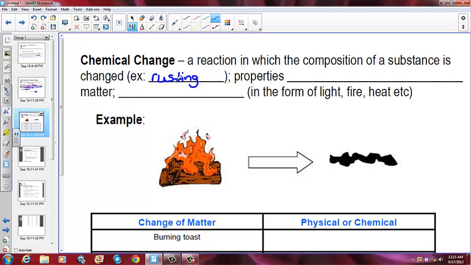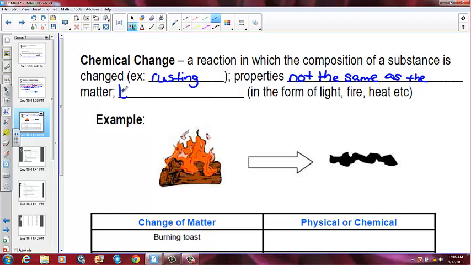Water will speed up this process, but it does not actually cause the rust. It's the oxygen that causes the rust. Properties are not the same as the matter.